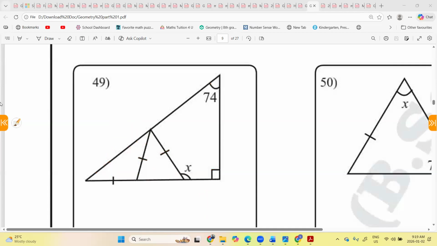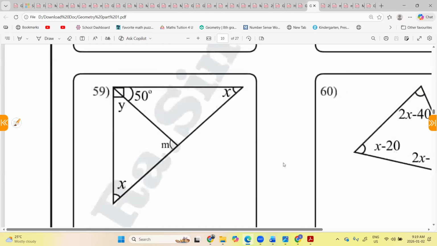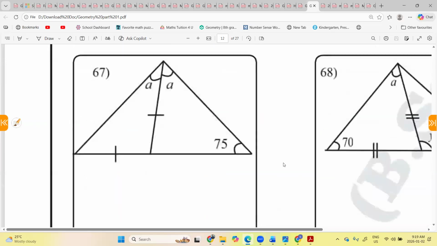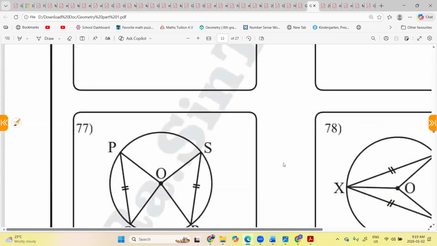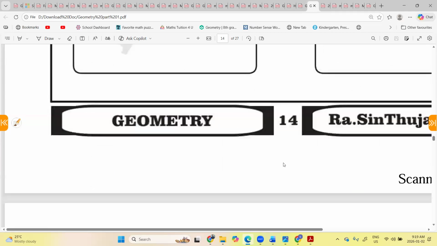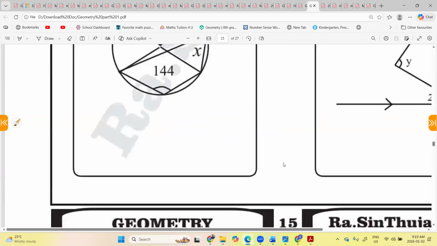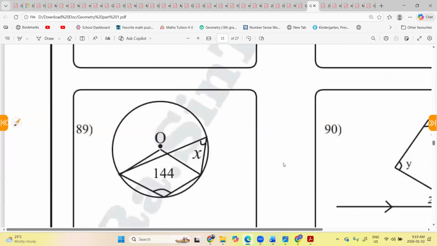Right. Now, questioning. A lot of questions are there. So we can go to circle, congruency, everything. Right? Question 89.